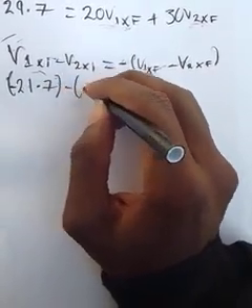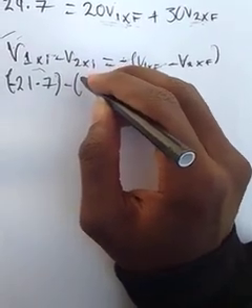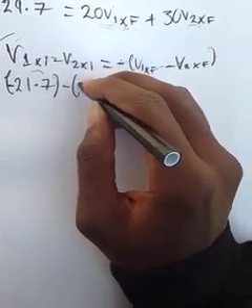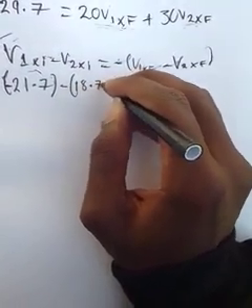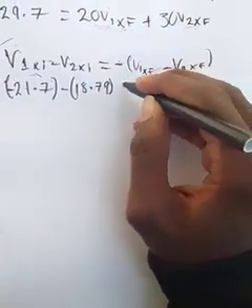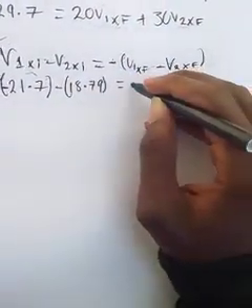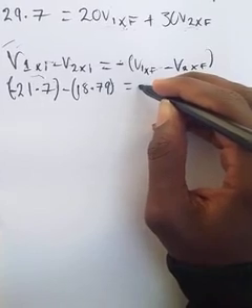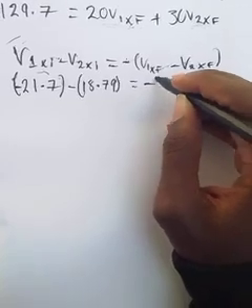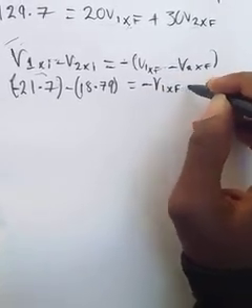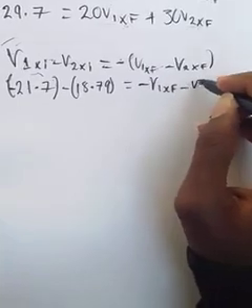Minus the initial velocity for the second object in the x, it was 18.79, right? Is equal to negative V1xf minus V2xf.